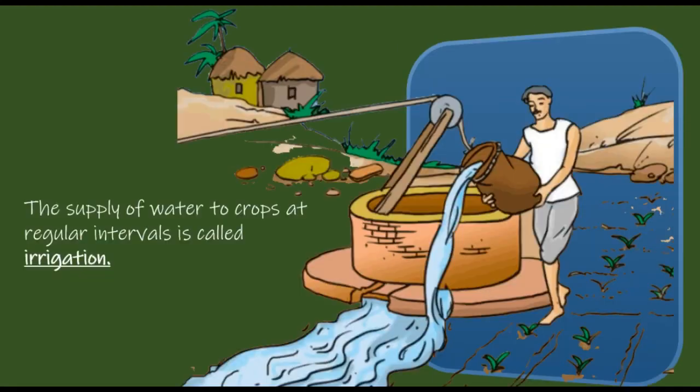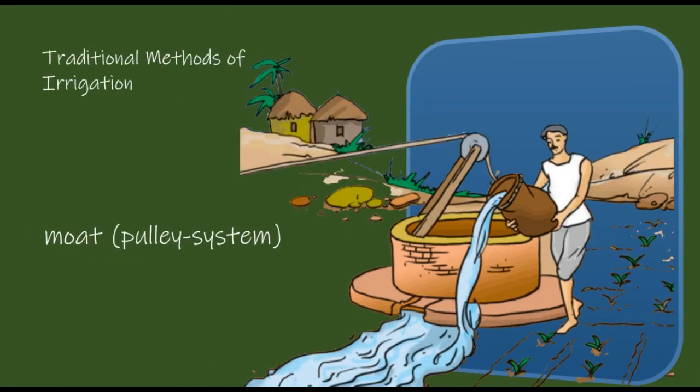Irrigation is simply a supply of water to crops at regular intervals, right? In olden days manpower was used to supply water. People used to draw water from the well, sometimes by using a pulley system. These are all traditional methods of irrigation.